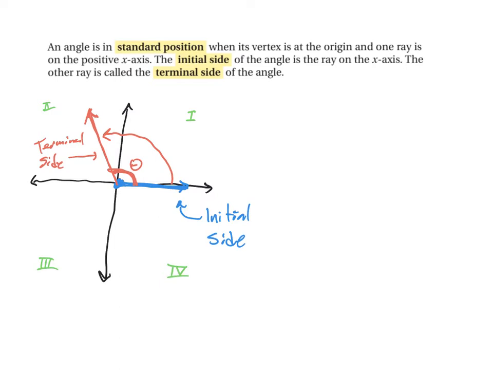Now, what we just drew is a positive rotation. It's a positive rotation when you go counterclockwise. So I could take a guess that as we did the rotation, we actually went past 90 degrees in the positive direction, right?